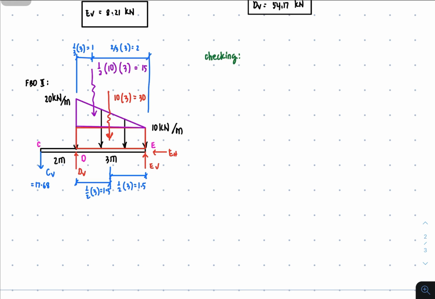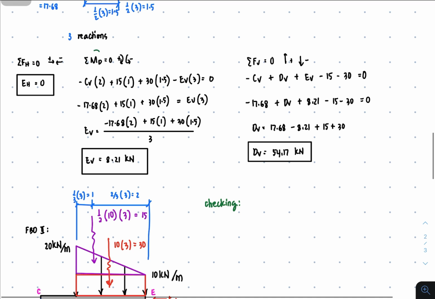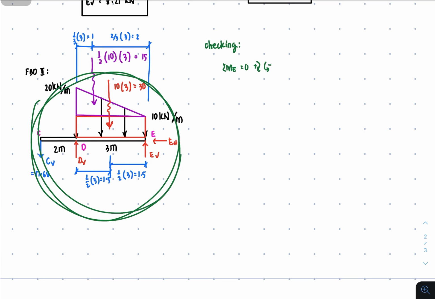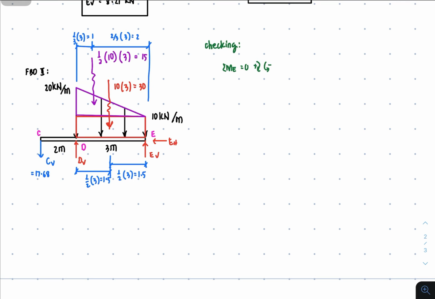So let's check. Since we're done doing the summation of moment at point D, let's have the summation of moment at point E equal to 0. Clockwise is positive, counterclockwise is negative. So it's CV, it's downward. It's going to rotate about point E counterclockwise.